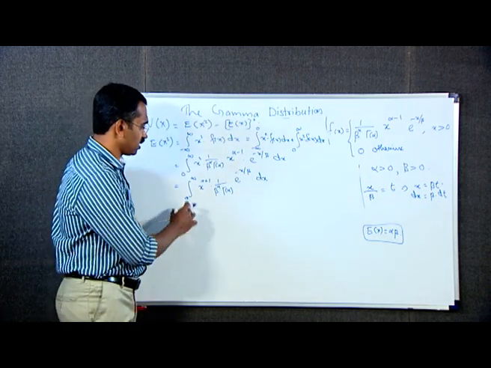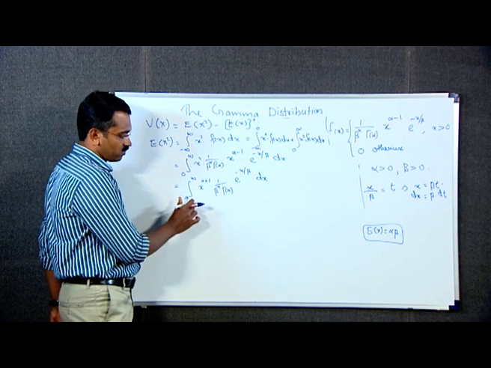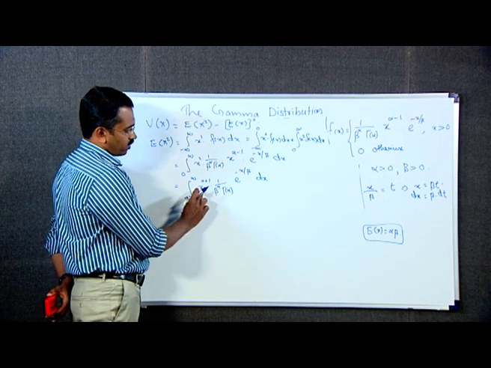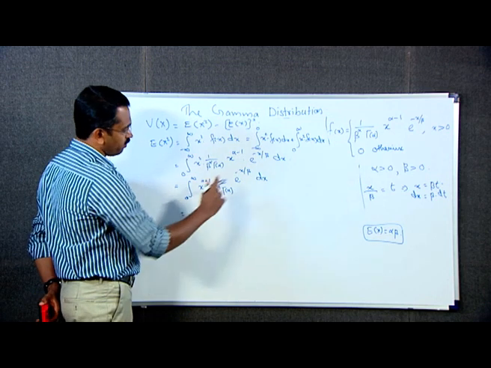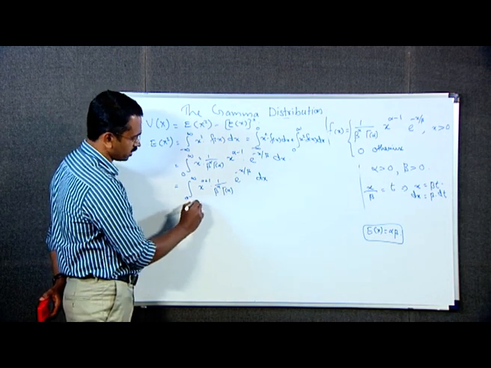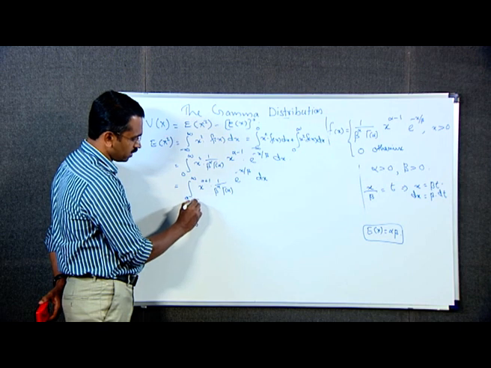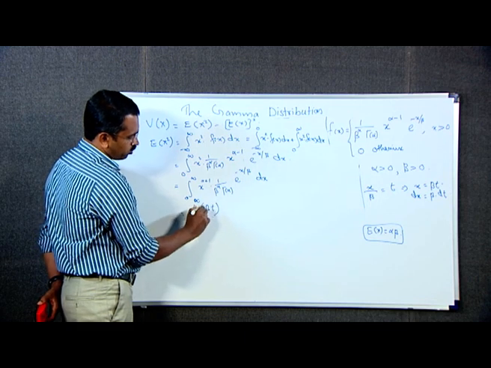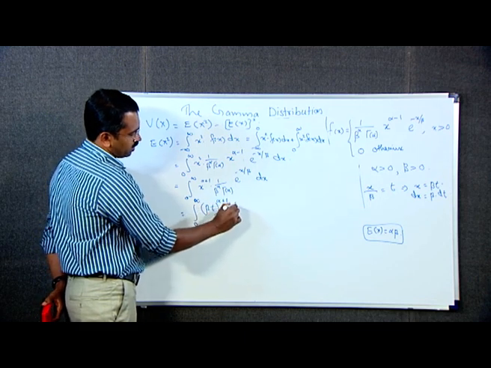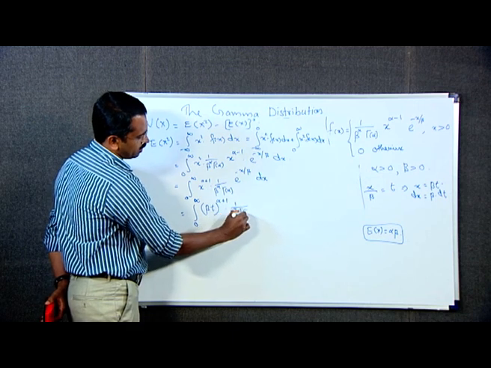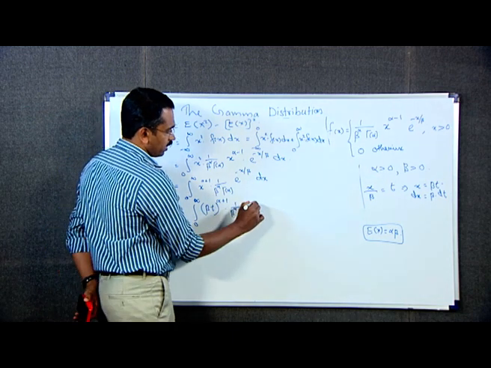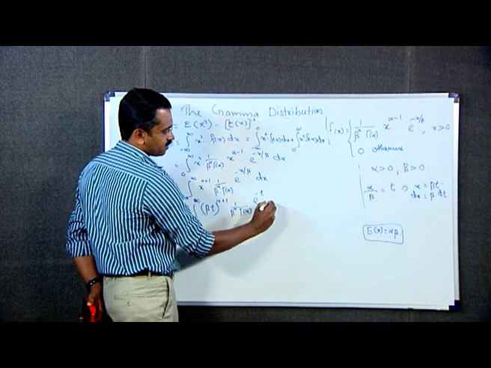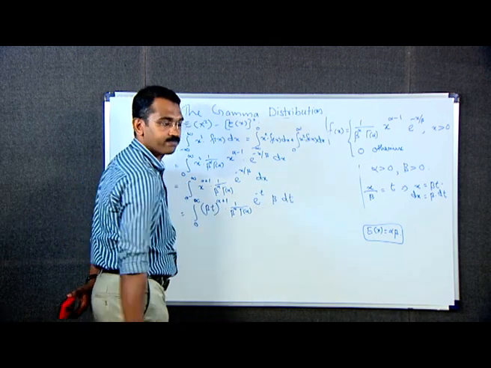The limits of integration remain the same. This is equal to, x raised to alpha plus 1 means beta t raised to alpha plus 1, that is integral from 0 to infinity beta t all raised to alpha plus 1 into 1 by beta raised to alpha into gamma alpha e raised to minus x by beta means e raised to minus t, dx is beta into dt.